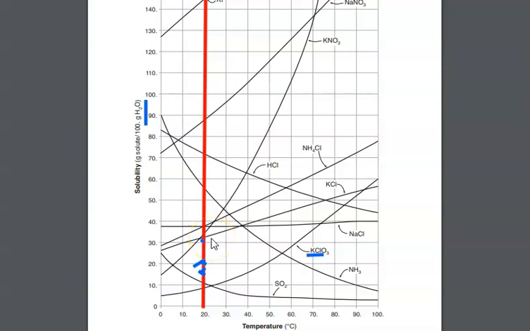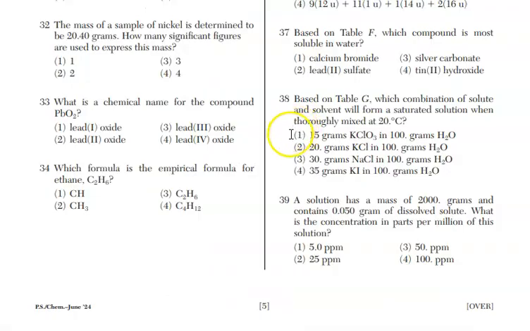And for KI, we're talking 35 grams, just above. But KI is way up here. In fact, out of the view, essentially, of the screen, that is way below the saturation line. So again, it's the KClO3, which is choice 1. I think I said A, but you get the point. It's the first choice.